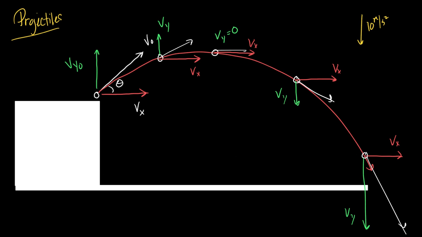These are the components of its velocity. One of the components is changing. One of the components is staying the same. That's a projectile. The reason we study projectiles is because we can get a pretty good estimate for how projectiles behave with or without air resistance by doing this kind of processing.